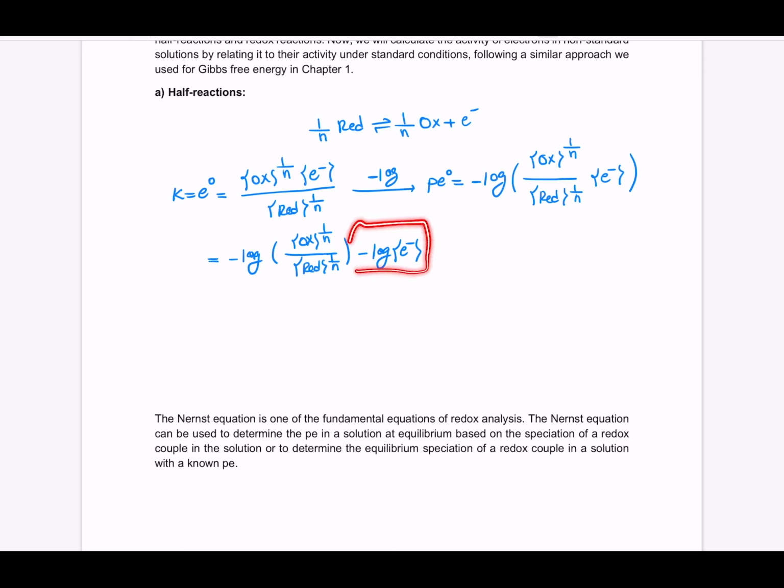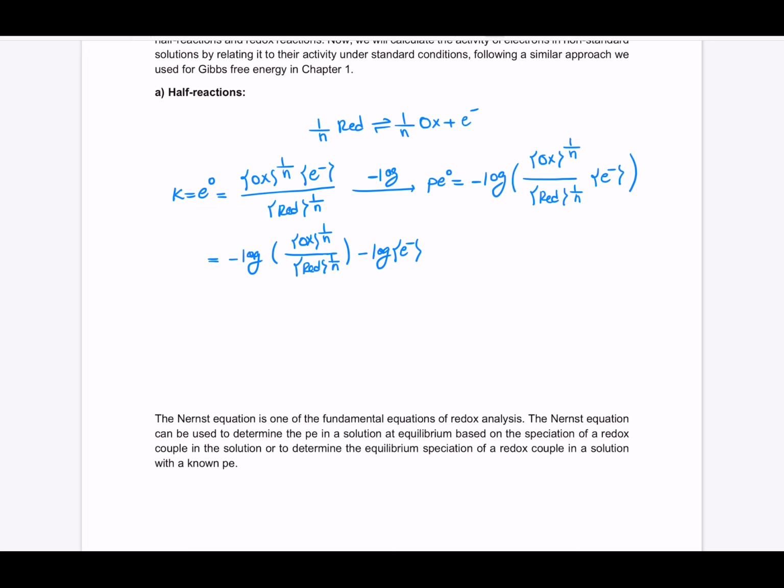What is this term? This one is pE, the activity of electron at any condition. But this one is the activity of electron at the standard condition.